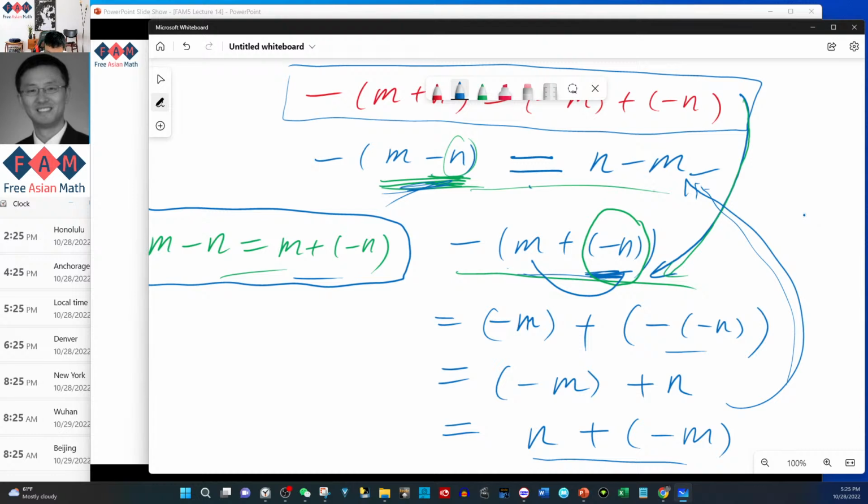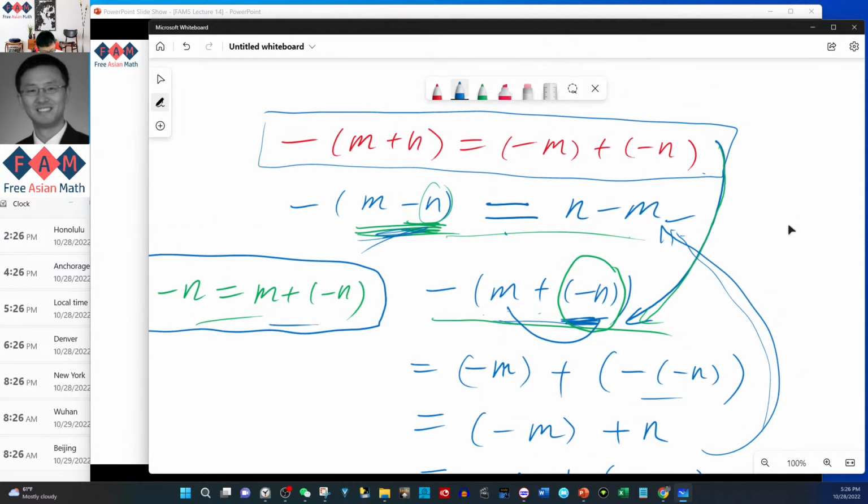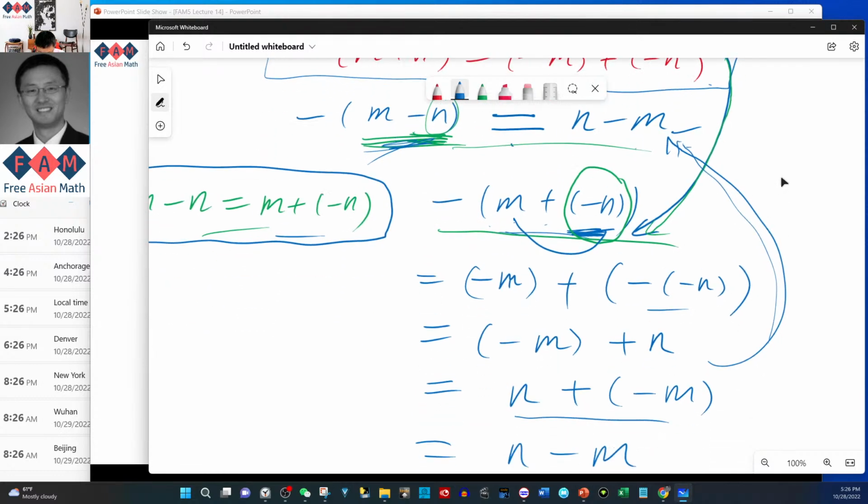So we convert this into m plus negative n. Now at this step we can use what we just proved. Remember, it cannot be overemphasized that m and n are integers; they could be negative integers. Applying that directly, we get this one.